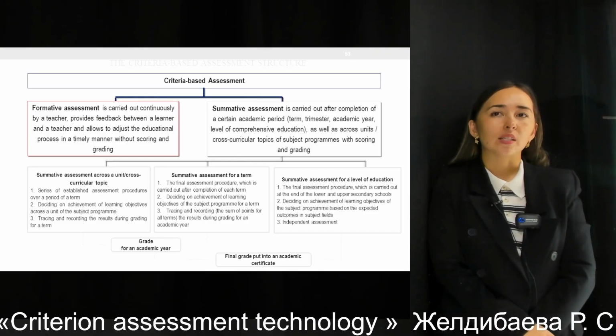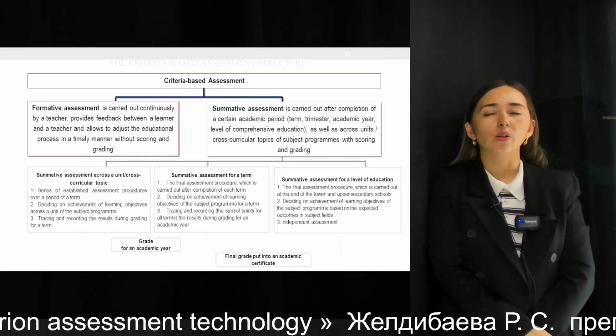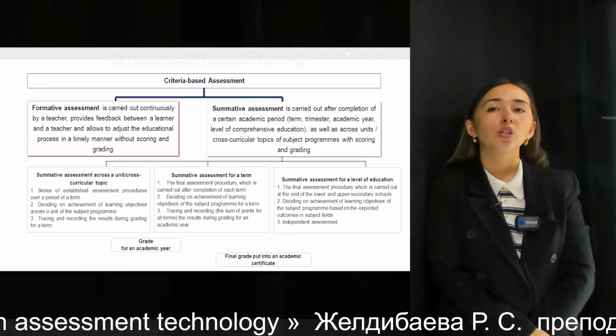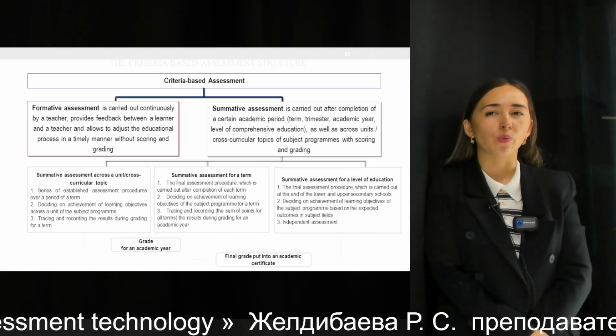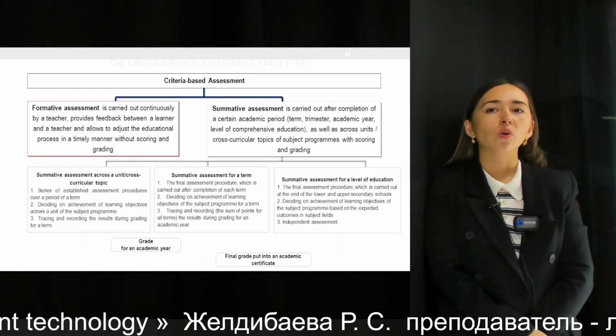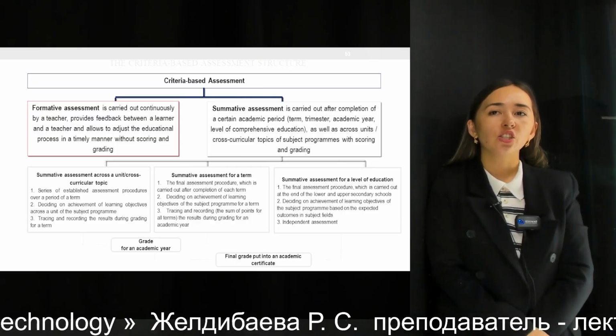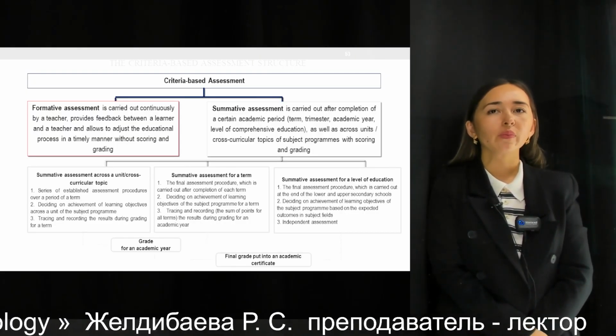Summative assessment across unit and cross-curricular topics is a series of procedures to establish assessment over the period of a term, deciding on the achievement of learning objectives across a unit of the subject program, and tracing and recording the results during grading for a term.